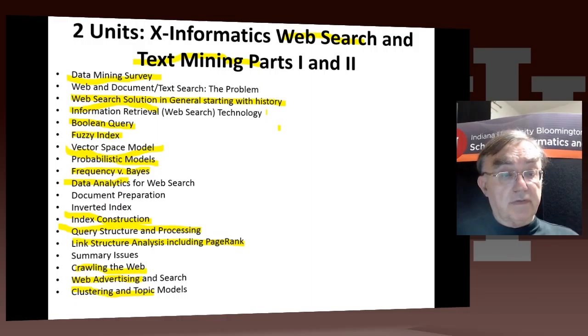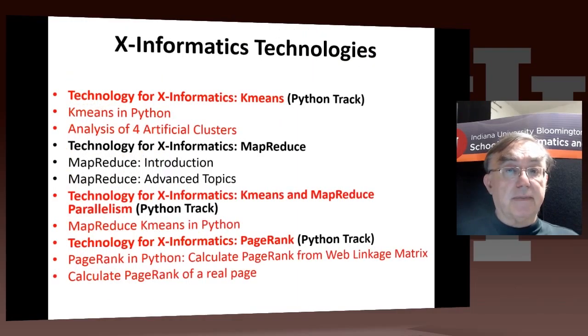So there's a lot of work, in computer science and in industry, on so-called topic models and clustering documents together and using that to give a different type of response. And that ends those two units on web search and text mining.